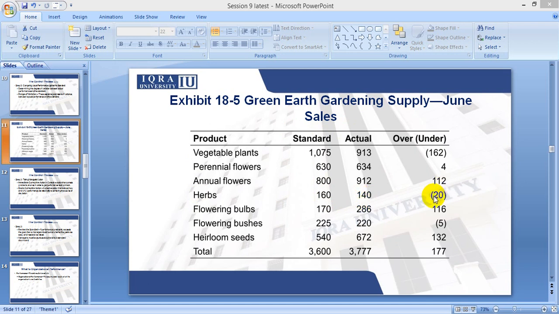It means that we are under by 20. We are in some sort of loss, we can see here. Similarly, if we talk about annual flowers, the standard was 800, and in actual we sold 912, so we went into surplus. So that's how the comparison is made: what was the standard, what is actually achieved, and then we have to see whether we are over or under capacity.